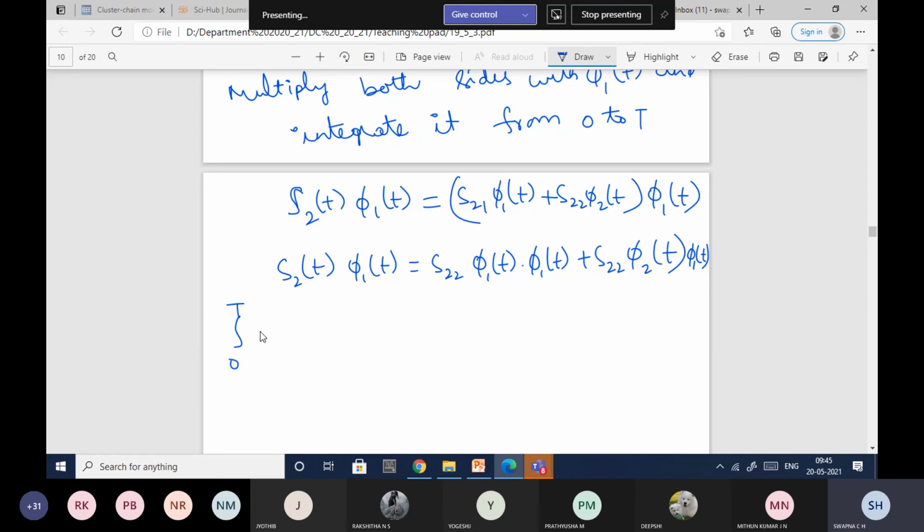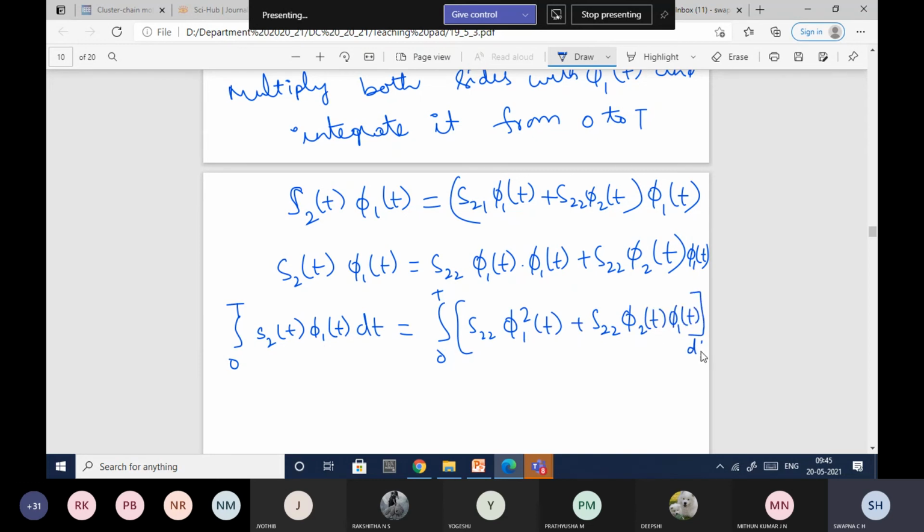So integral 0 to t s2 of t into phi1 of t dt is equal to integral 0 to t of s22 phi1 square of t plus s22 phi2 of t into phi1 of t dt.